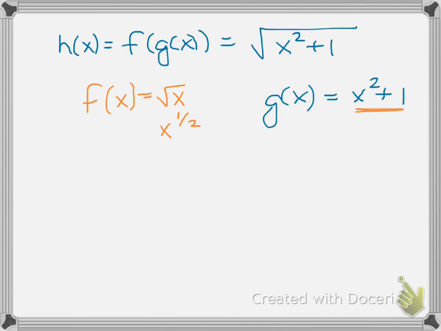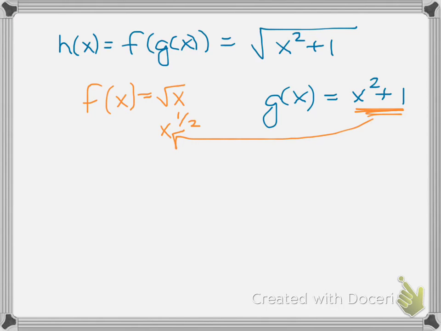Because if I were to take this inside function and place it in f of x for x, I would actually achieve the function that they've given me. So that, in essence, is where this dy/du and du/dx concept comes from.